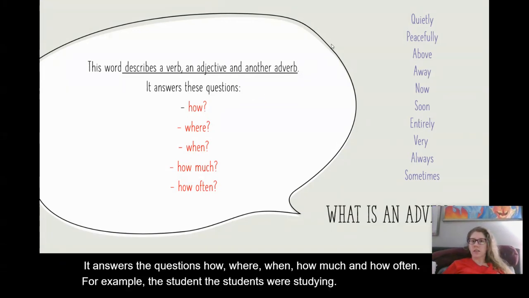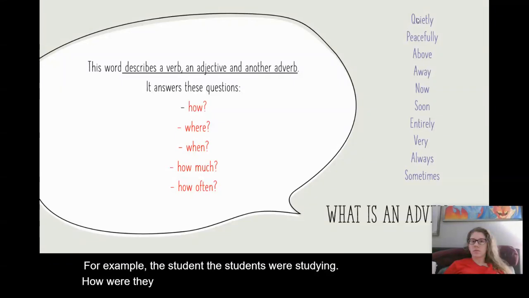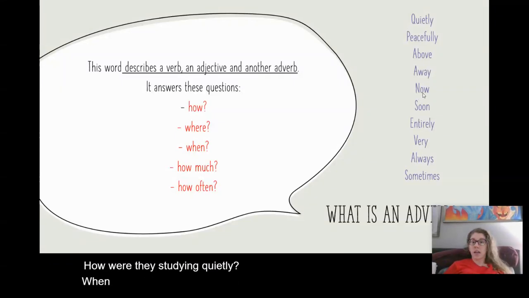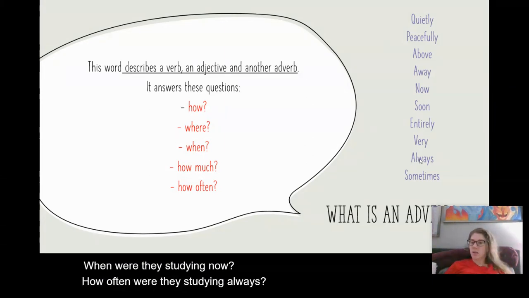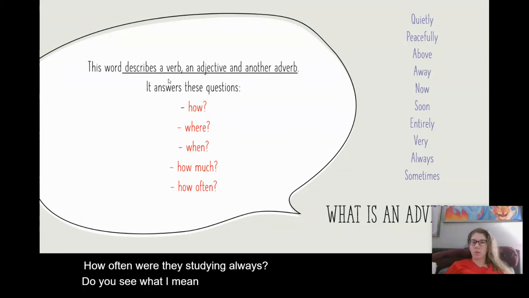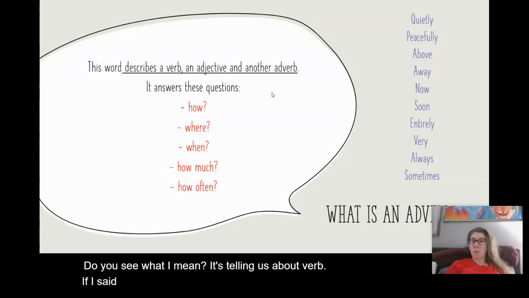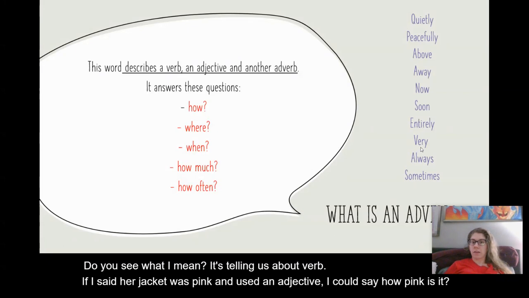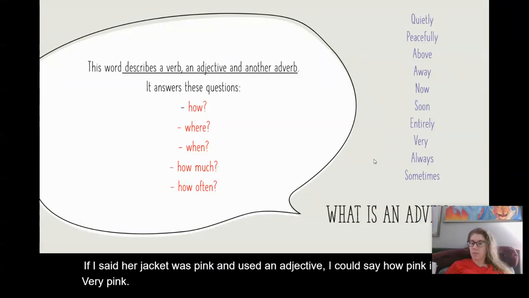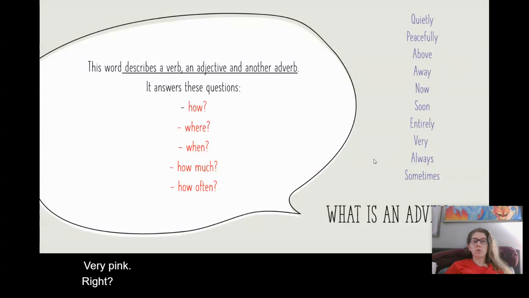How were they studying? Quietly. When were they studying? Now. How often were they studying? Always. Do you see what I mean? It's telling us about the verb. Okay? If I said her jacket was pink and used an adjective, I could say, how pink is it? Very pink, right? So that's how we use adverbs.